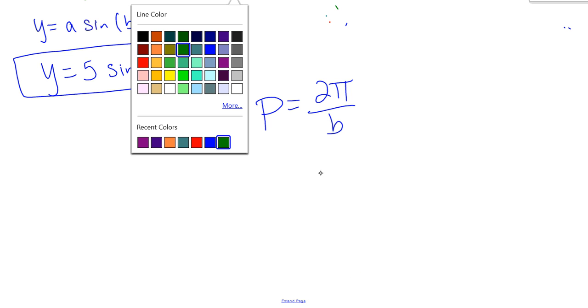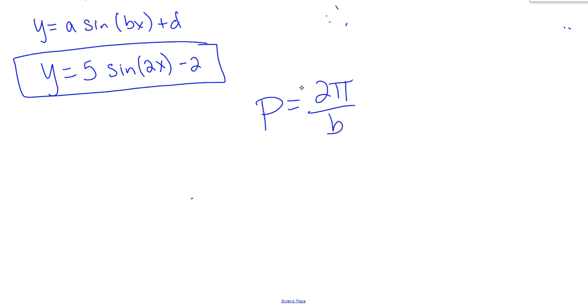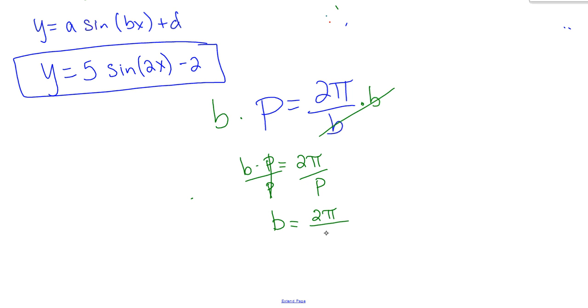If I were to take this formula as is, and I didn't have a p, but I wanted to figure out what b is, I would follow the same steps as I did over there and multiply both sides by p to get rid of it. Then I would have b times p equals 2 pi. Have to get rid of that p. And what I end up with is a formula for b, which is actually just 2 pi divided by the period.